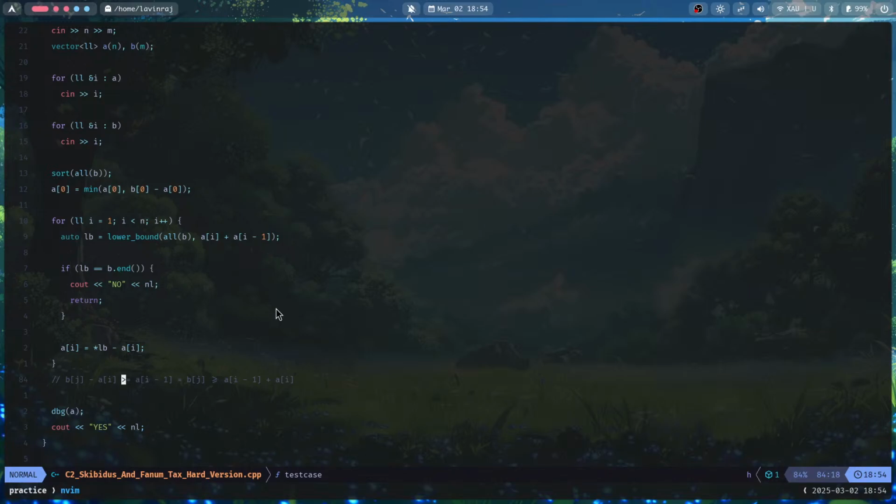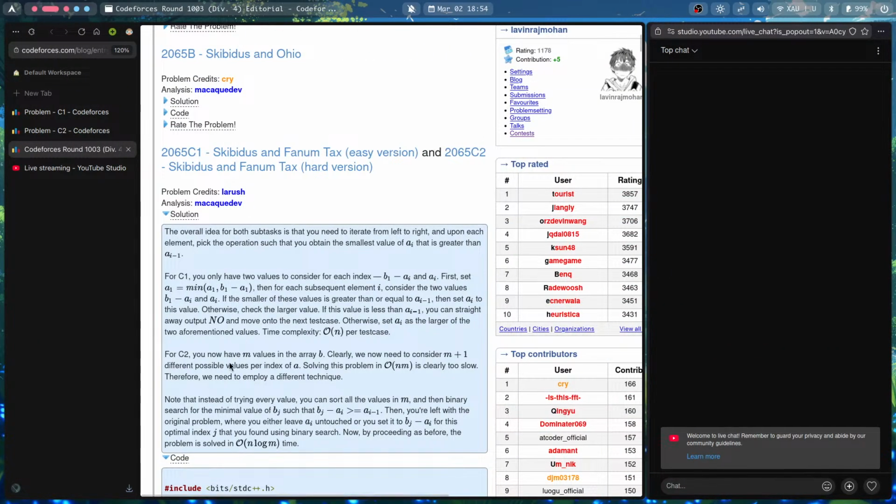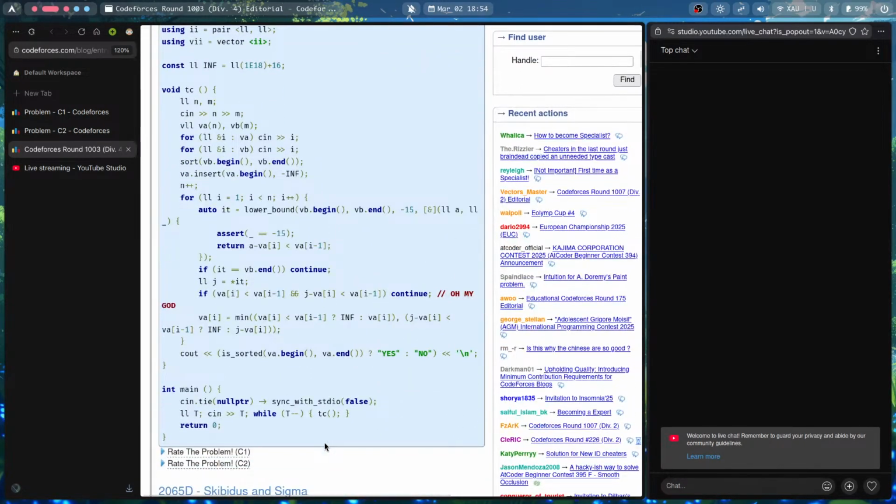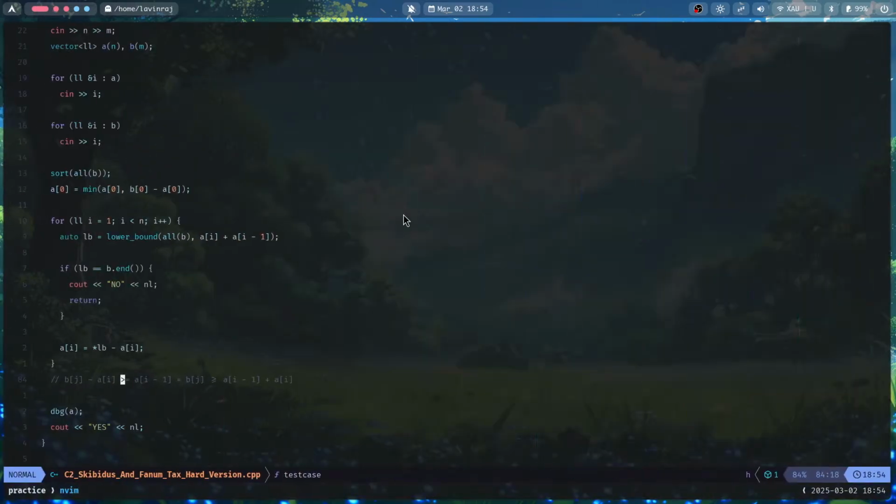Then why is it not working? And yes, the time complexity is n log m. Okay, now what is this? What? I don't have any clue. I literally don't have any clue.